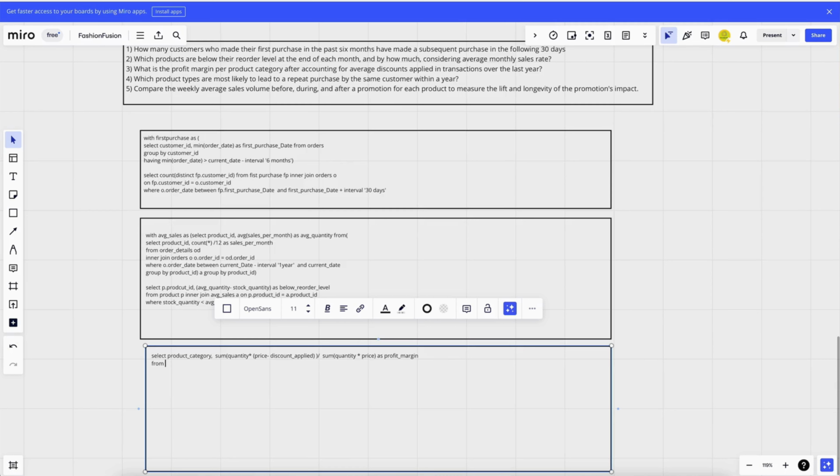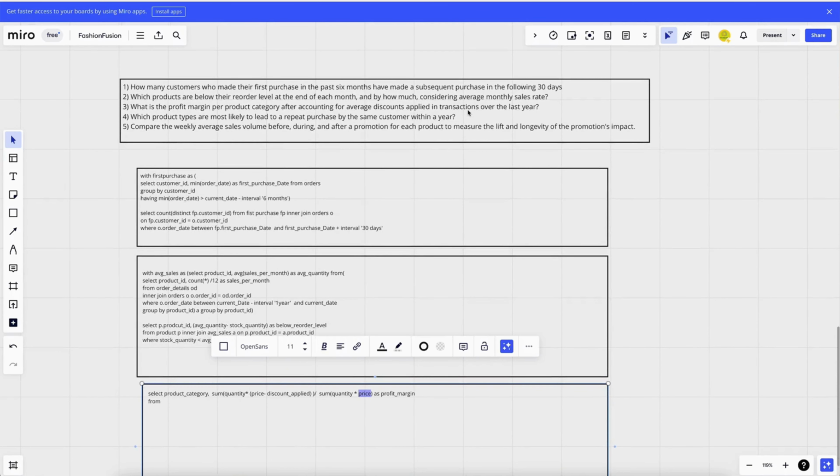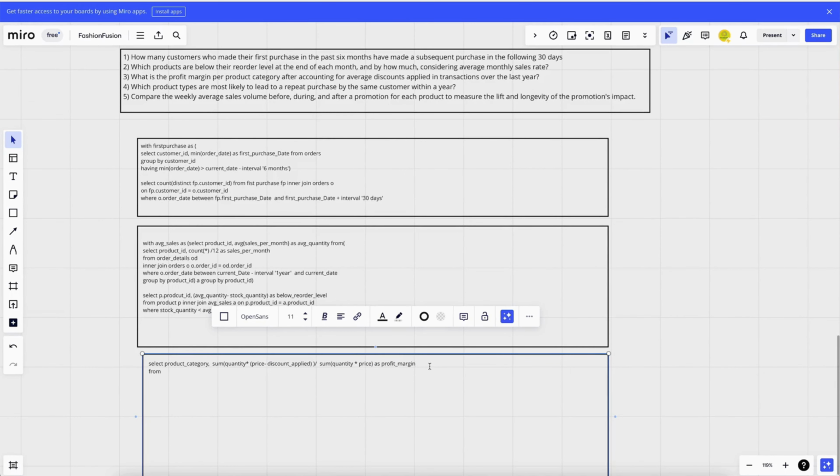And let's join all the tables here. So we have this product category from the product table, quantity from the order details table, and price from again the order details table. And the only condition I need to check is which applied over last year. So that should be again joined to the order table to get the order date. So let's start with order details and then do an inner join.